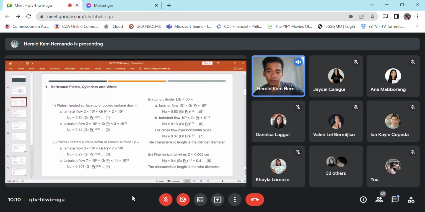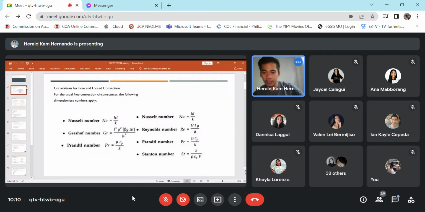As you can see dito sa formula ni Nusselt, Nusselt is equal to convective heat coefficient times yung length over si conduction coefficient, si K. So yan, after nating nakukuha si convective coefficient, saka pumapasok na si heat transfer by convection.